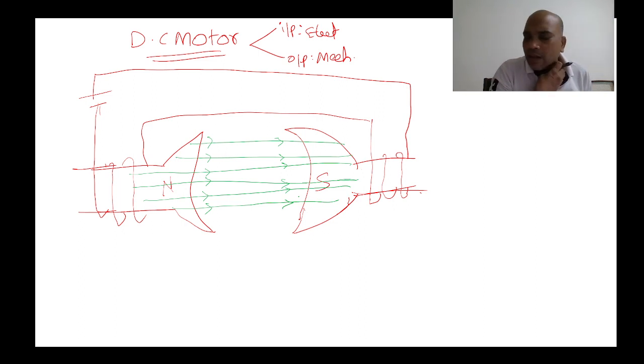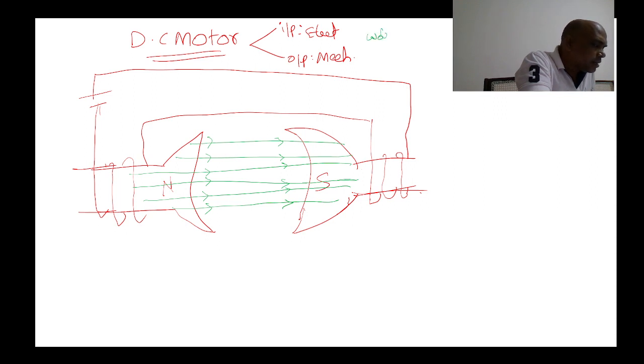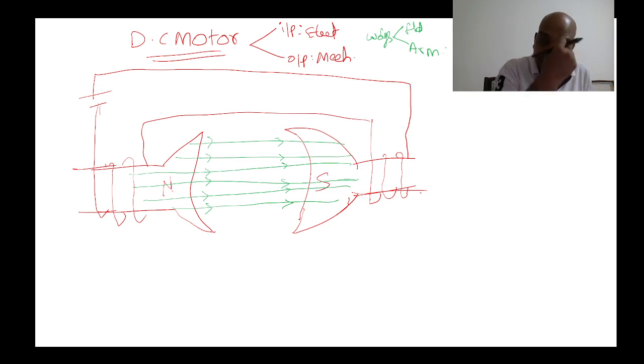So in the DC generator also the same. They are having two windings. One is the field winding, another one is the armature winding. For the field winding, we will give DC supply.